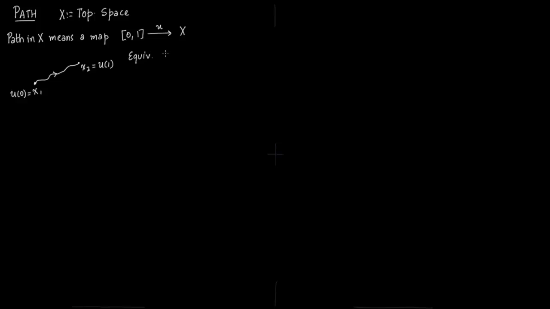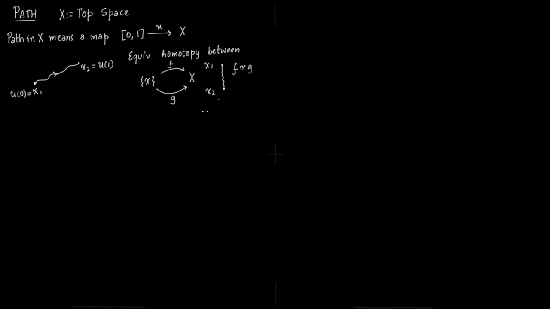So this is equivalent to a homotopy of maps. So say there is a map from this point to space X. So there is a map F and there is a map G. So F takes this point to x1, G takes this point to x2, then the path is equivalent to a homotopy between F and G. So a homotopy between two maps from a point to the space.